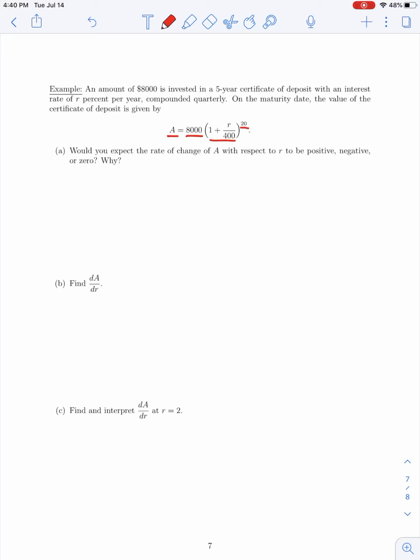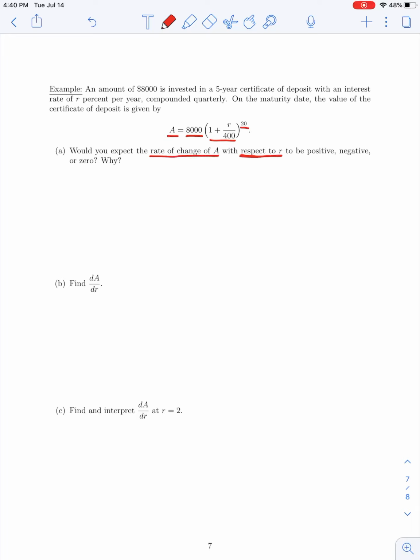In part A, we're asked, would we expect the rate of change of A, our future amount, with respect to the interest rate R, to be positive, negative, or 0, and why? So let's think about this. If we were to make a change in the interest rate R, what corresponding change would we expect to see in the future amount A?